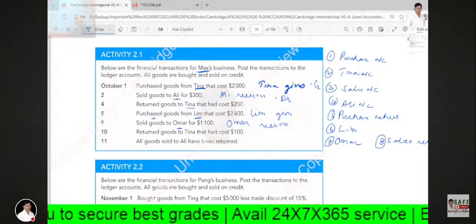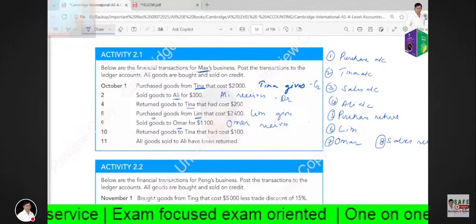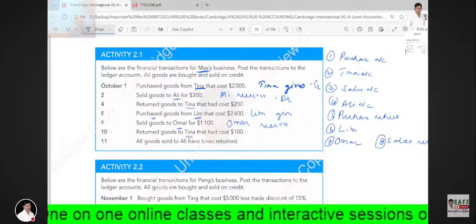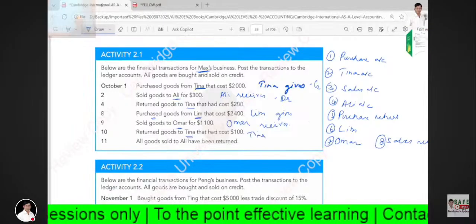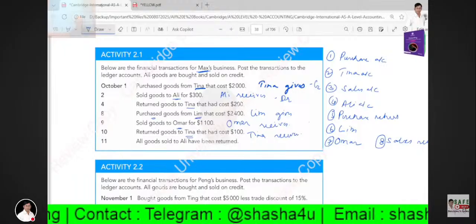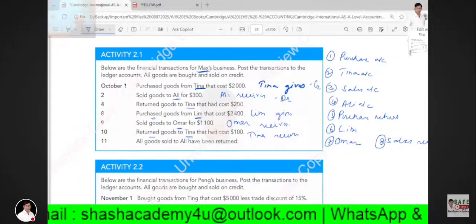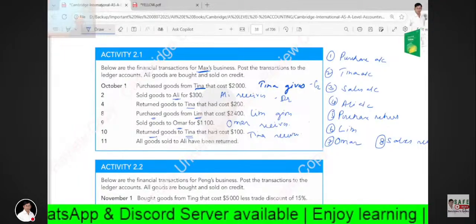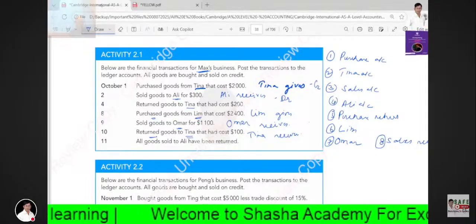So we have returned goods to Tina. Return goods to Tina means Tina will receive. Account Tina receives. So when she receives, her account will be debited. So Tina receives. We have to return, so it is purchase returns. Purchase returns to Tina 100, and it is on 10th.